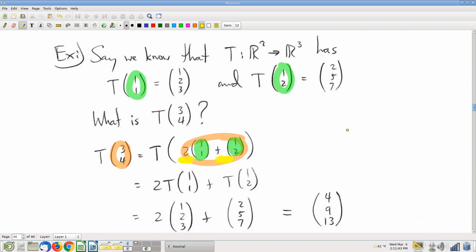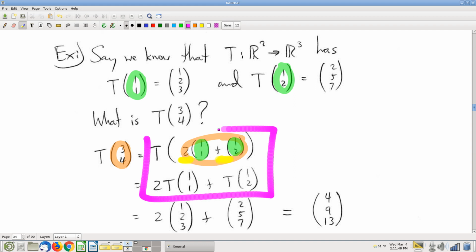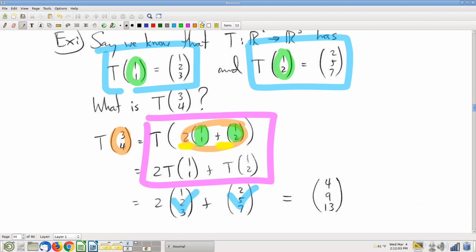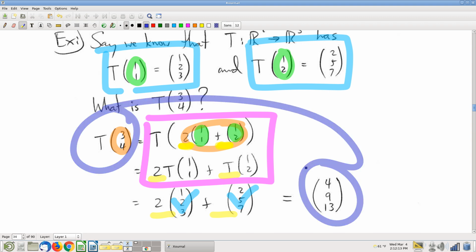You can always find it. Linearity then allows me to do this: linear combination of inputs, linear combination of outputs, and having been given that these outputs are these, we're done. Knowing those coefficients, I can compute T of (3, 4) like so. Neat fact. Yes?